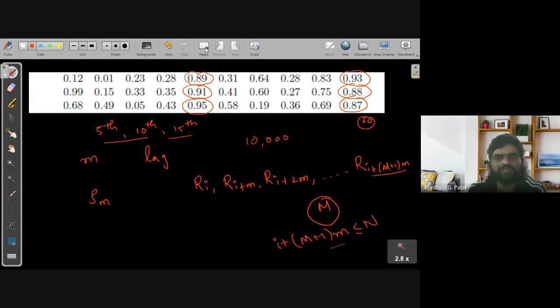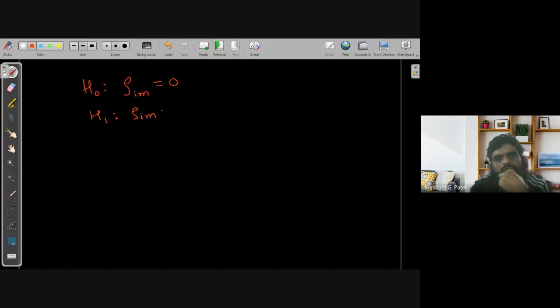Now we set our hypotheses for this. H0 is the null hypothesis, and a two-tailed test is appropriate, where the autocorrelation coefficient is 0, and H1 is that the autocorrelation coefficient is non-zero.